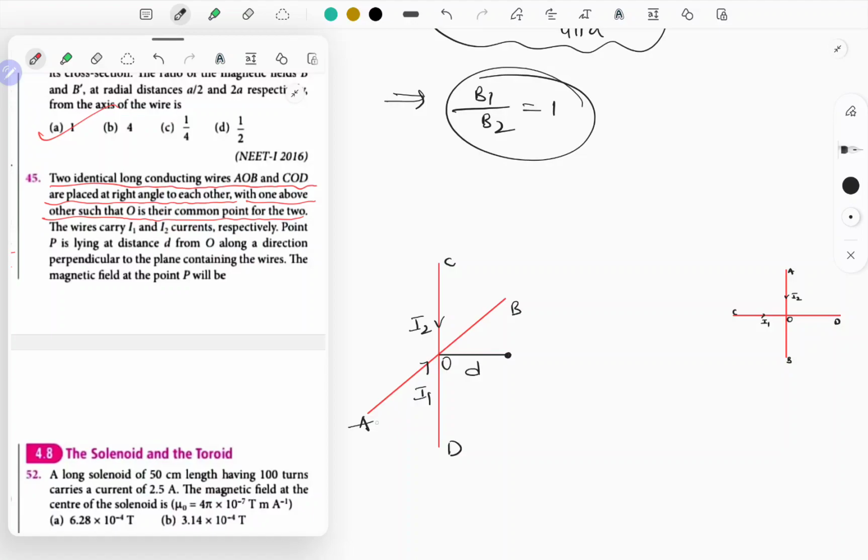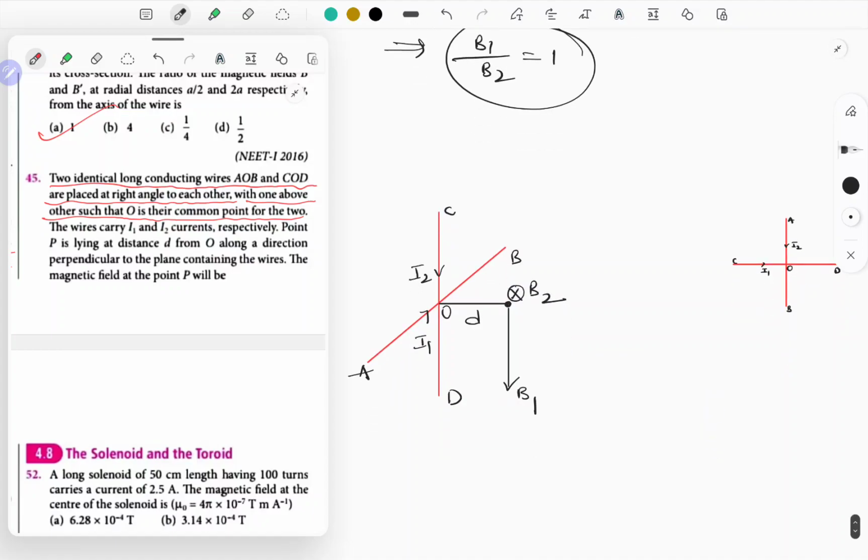Due to this conductor AOB, the magnetic field at this point is going to be downward. Let's say this is B1, and due to the other conductor it is going to be into the board. Let's say this is B2. You can find these directions with the help of the right hand thumb rule. Don't get confused, nothing is there to get confused over. As they said, they are long straight wires.